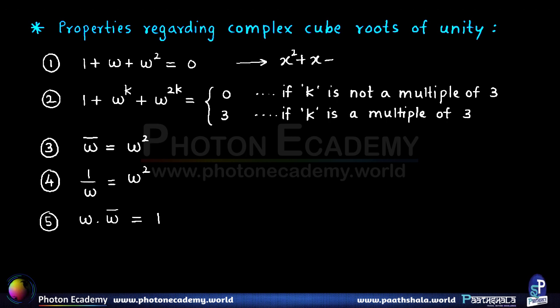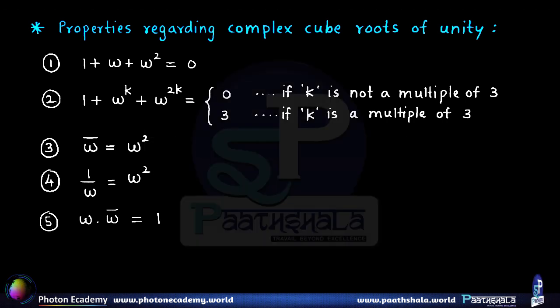It is very important because it can simplify long complicated expressions involving omega. Now the second property says 1 plus omega raised to k plus omega raised to 2k is equal to 0 if k is not a multiple of 3, but it is equal to 3 if k is a multiple of 3.